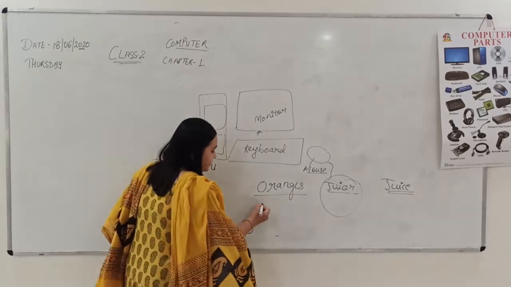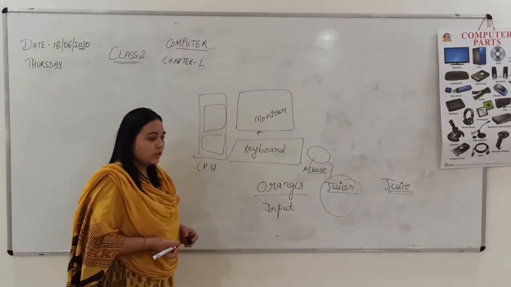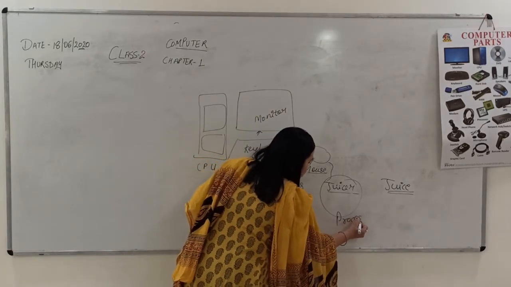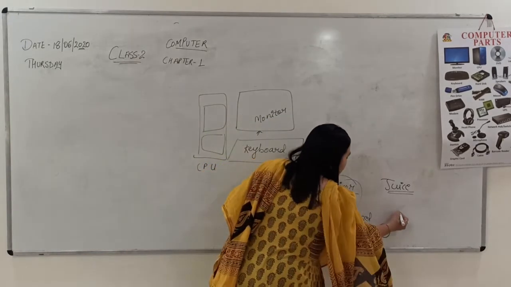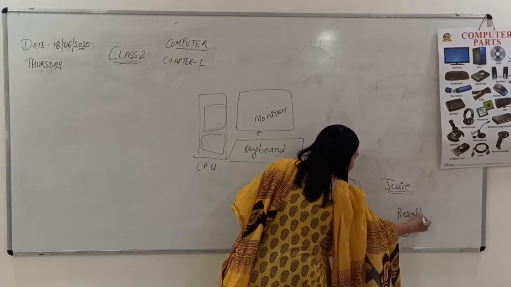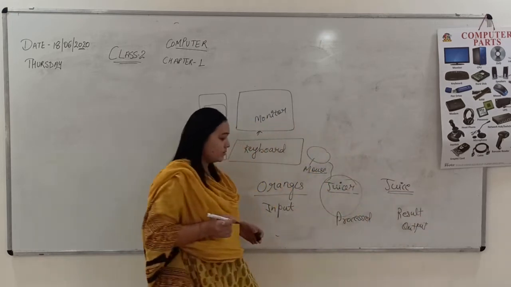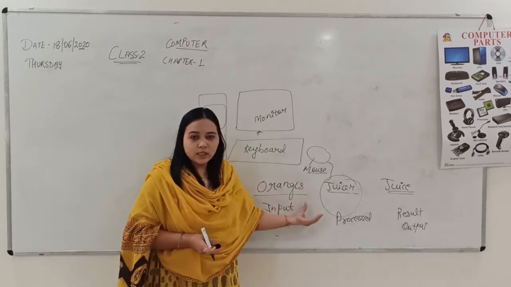That means you gave some input, then the input was processed, and then you got the result or the output, which is the juice. I hope it is clear that a computer works like this.